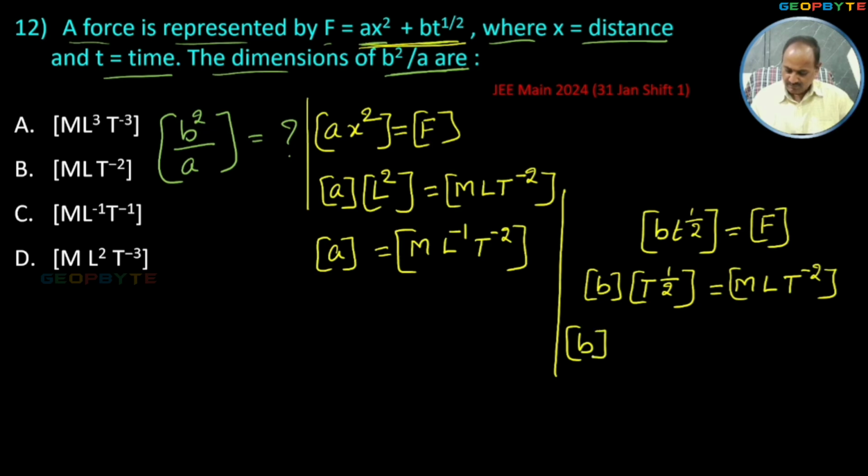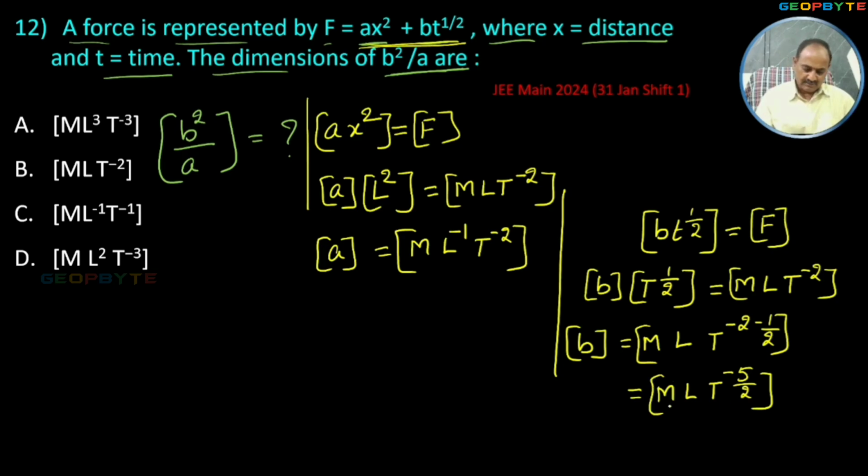B dimensional formula equals M L t power minus 2 minus 1 by 2, which is minus 5 by 2. M L t power minus 5 by 2. Listen carefully. That is the B dimensional formula.